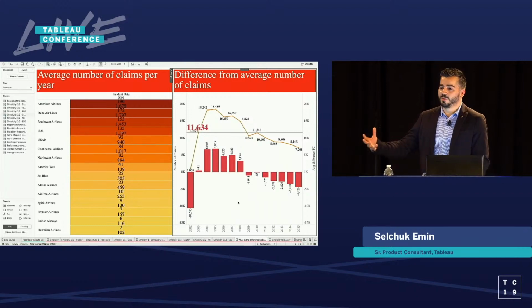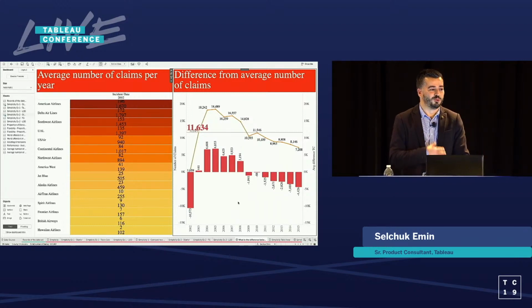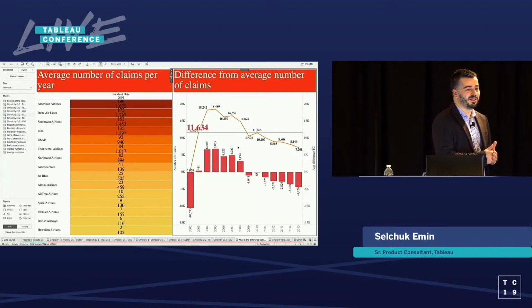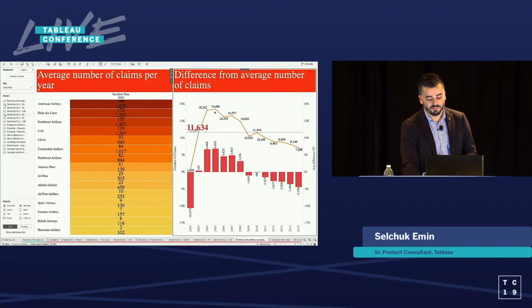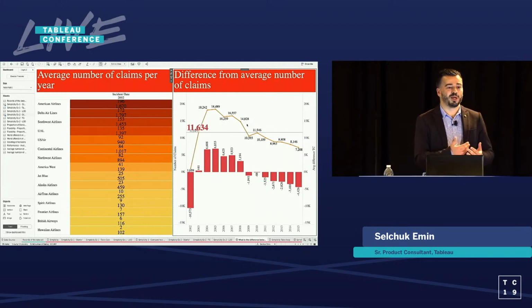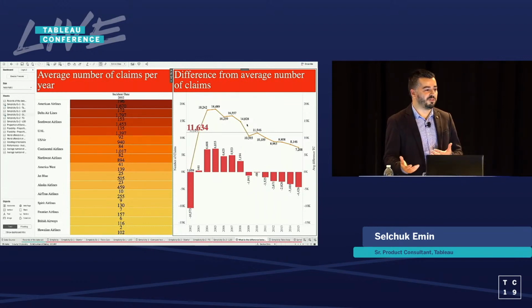Not everything we needed was already there to take the average on a yearly level. Whereas in the second example, we already had everything we needed on the view. So you had the yearly claim numbers, and you could use them to calculate the average and then take the difference between the two.